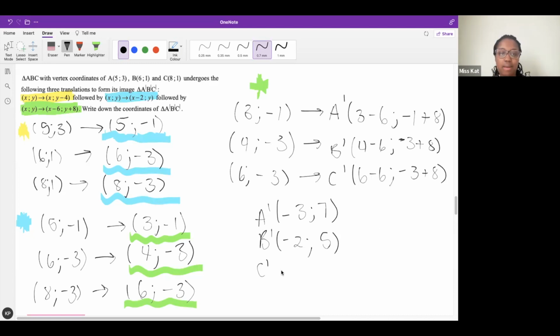That'll give us, for the last one, point C. Thank you. 6 minus 6 is a 0. And -3 plus 8 is a 5. So if you were to draw a triangle, that was now the new triangle, your 3 points would be at -3 and 7, -2 and 5, and 0 and 5.